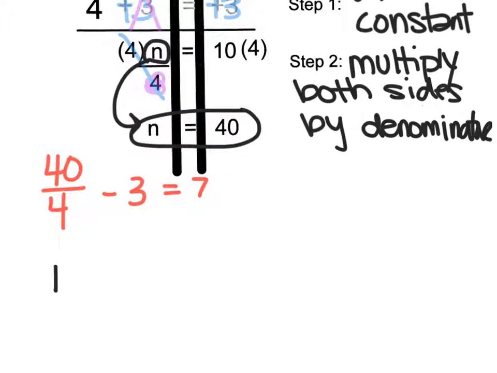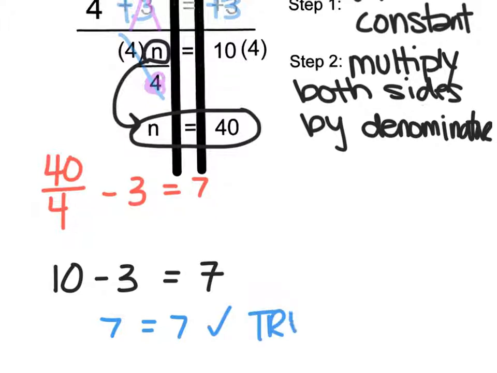Good, so that simplifies to 10 minus 3 equals 7. 10 minus 3 is 7. Does 7 equal 7? Is that a true statement? Yes, it is. So we know we got our answer correct.